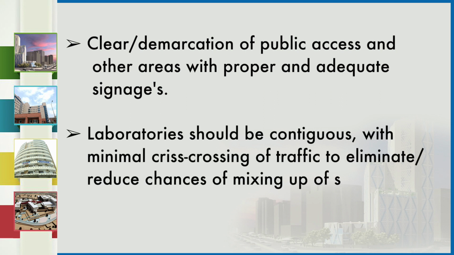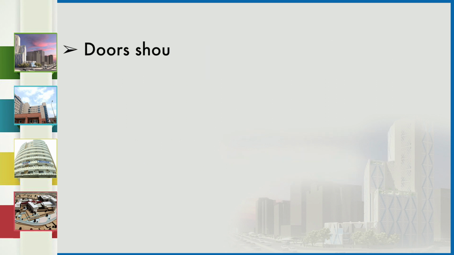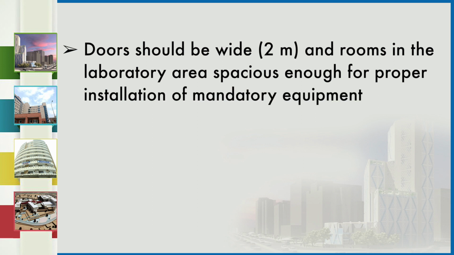Laboratories should be contiguous with minimum crisscross of traffic to reduce chances of mixing up of samples and specimens. Doors should be wide, 2 meters, and rooms in the laboratory area spacious enough for proper installation of mandatory equipment.